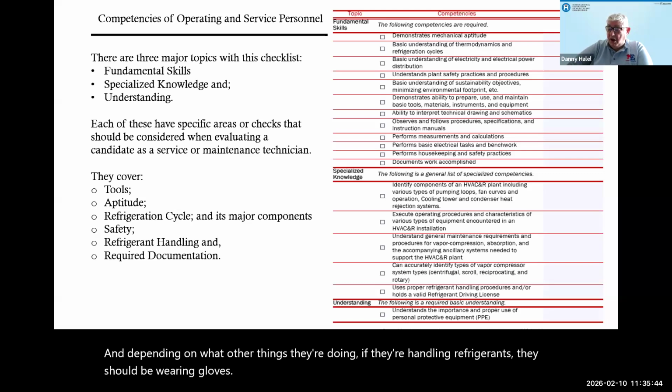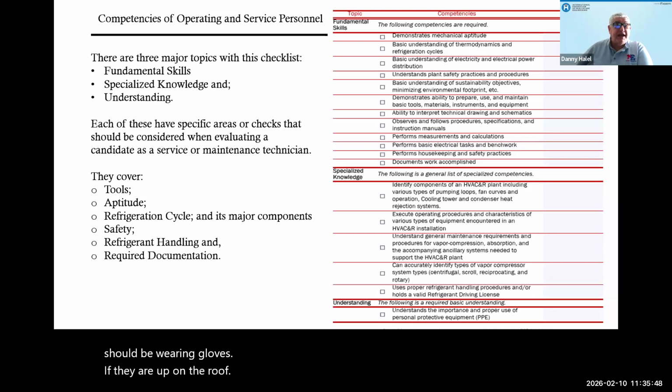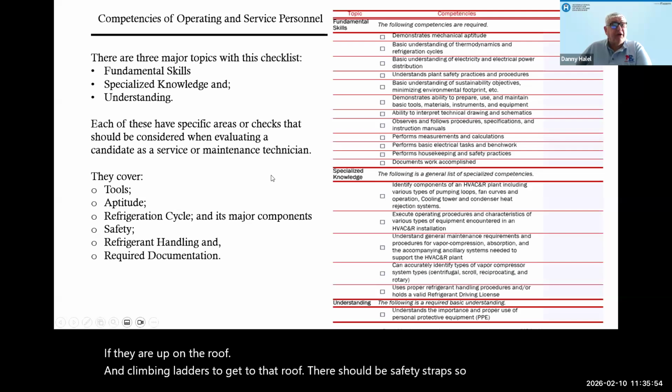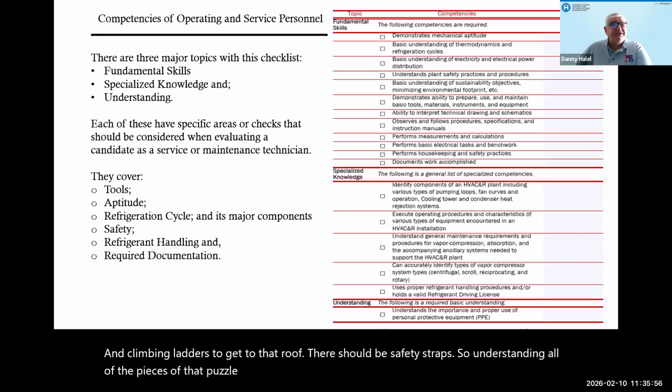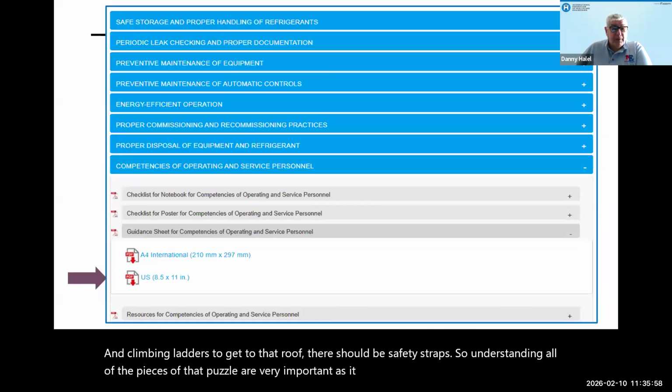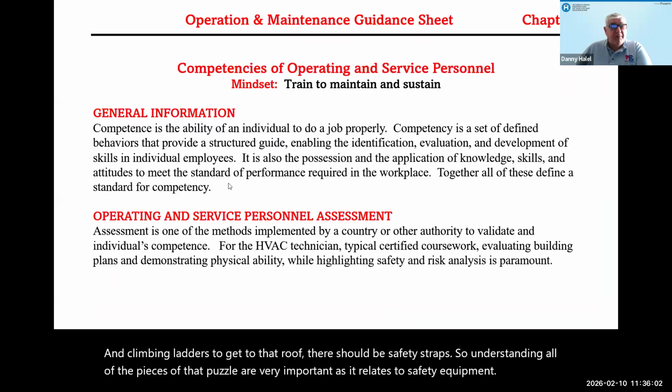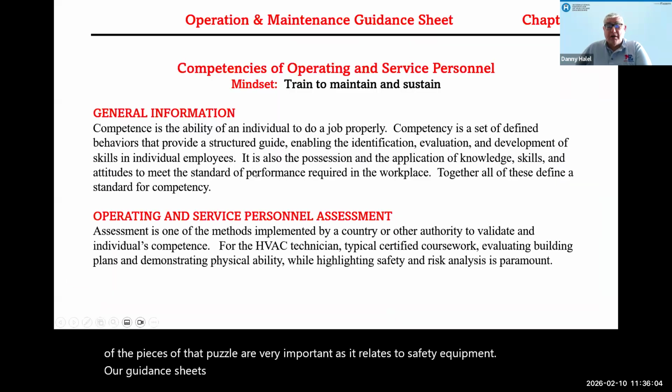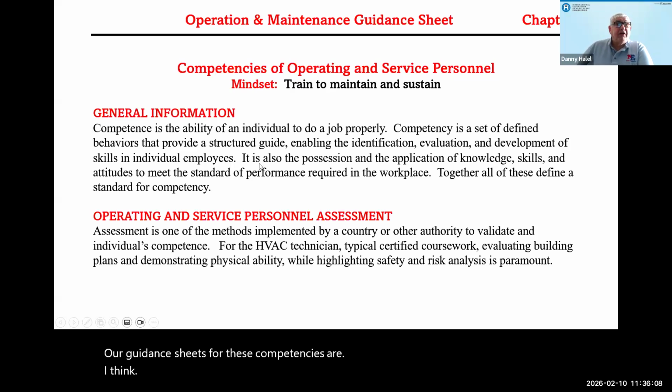If they are up on a roof, and climbing ladders to get to that roof, there should be safety straps. So understanding all of the pieces of that puzzle are very important as it relates to safety equipment. Our guidance sheets for these competencies are, I think, very complete and you can use as listed here.